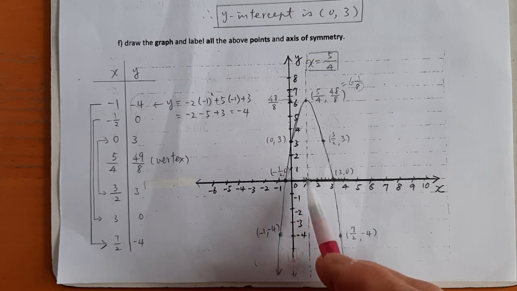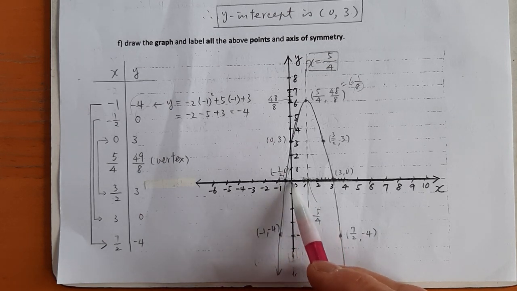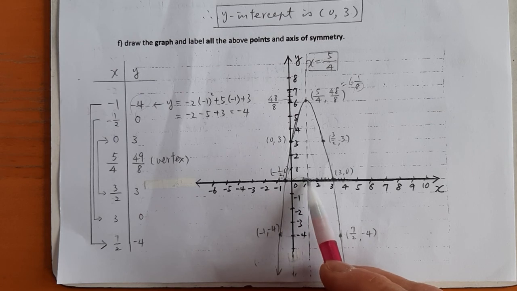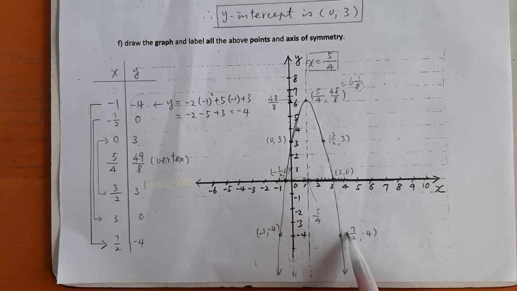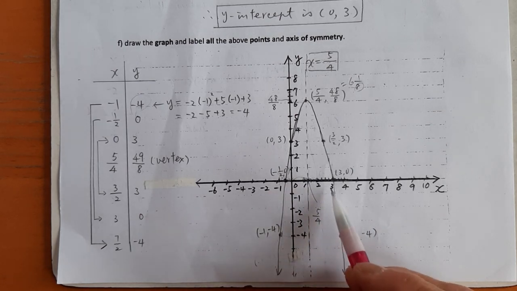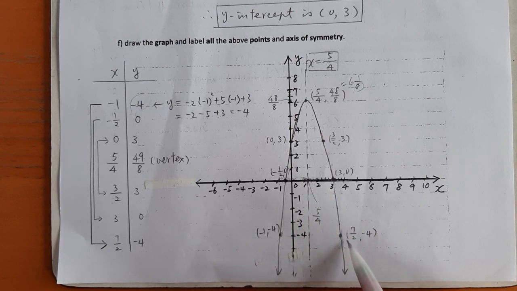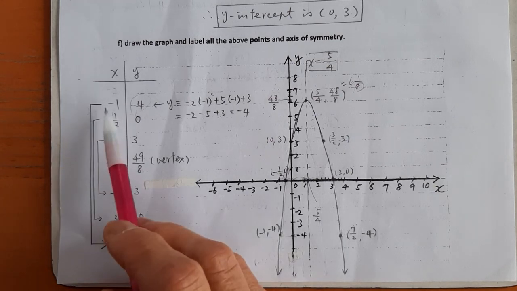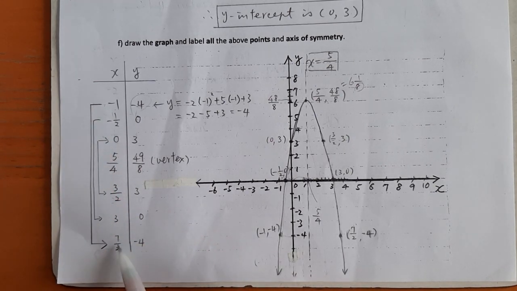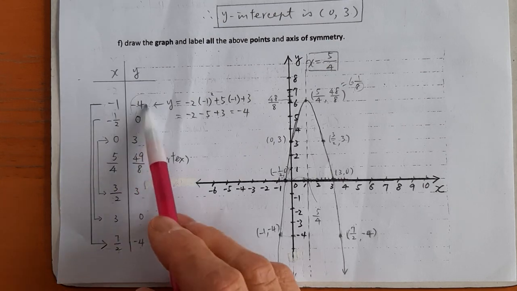The distance from the axis of symmetry is 2 and 1/4 units, so to the right also 2 and 1/4 units. You get x-coordinate 7/2, and the y-coordinate is also -4. These are symmetric points: (-1, -4) and (7/2, -4) have the same function value.